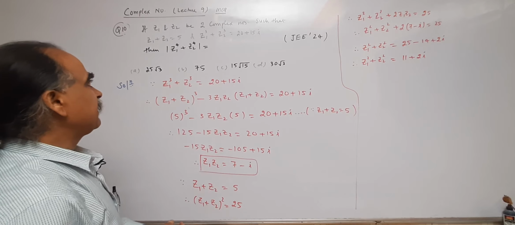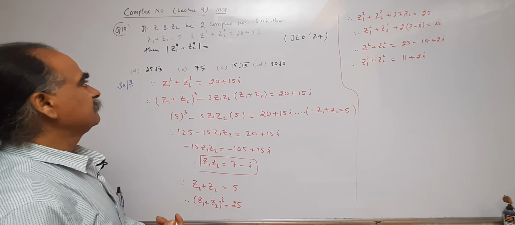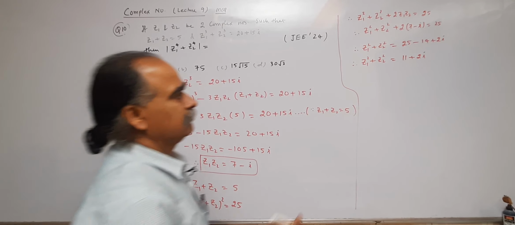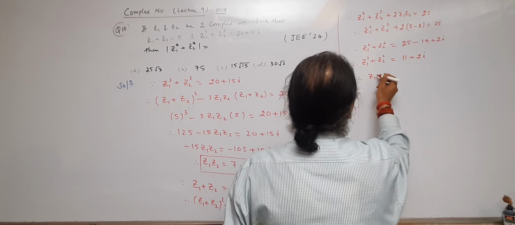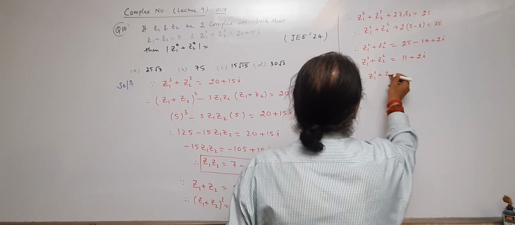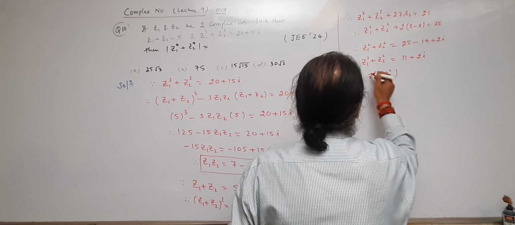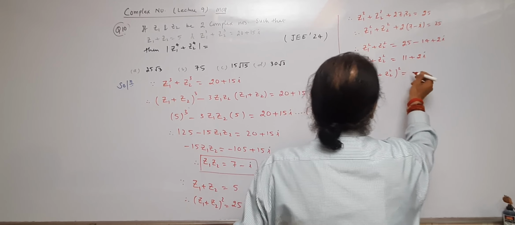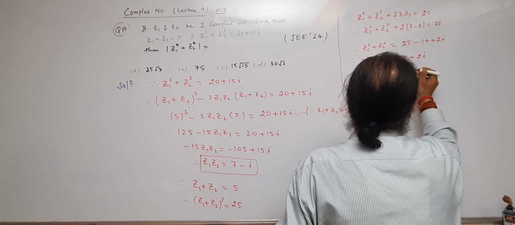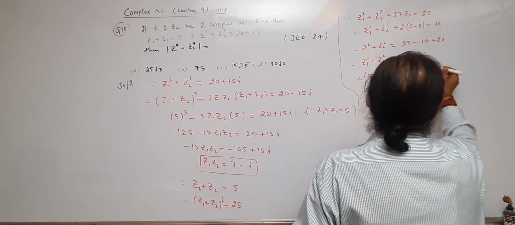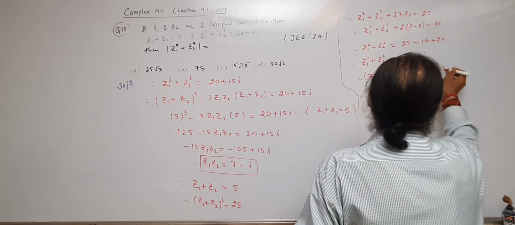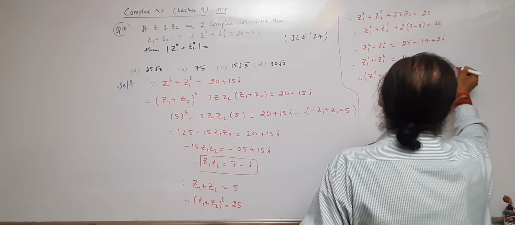Our aim is what? To find Z1 raised to 4 plus Z2 raised to 4. Square it. Is equal to 121 plus 44i plus 4i square.